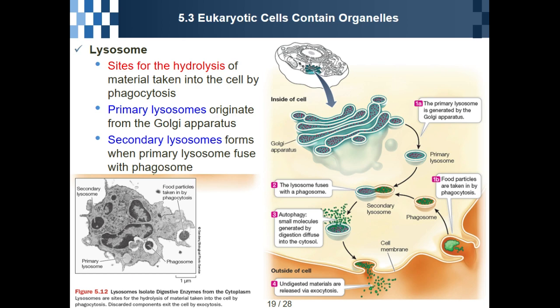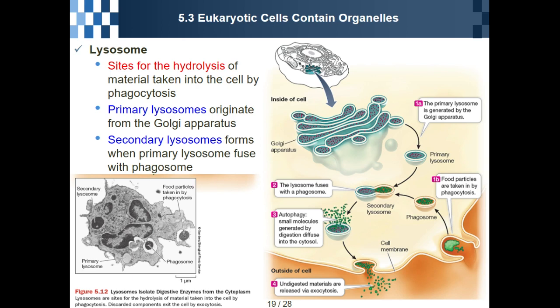They contain lots of hydrolysis enzymes. The primary lysosome and the phagosome fuse together, so they will make the secondary lysosome. Within the secondary lysosome, the food particle can be digested.